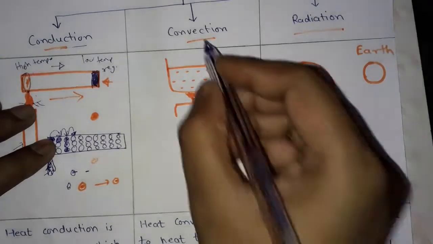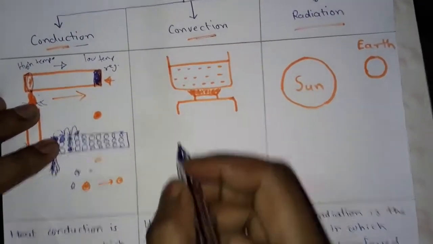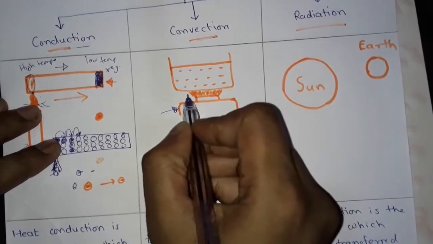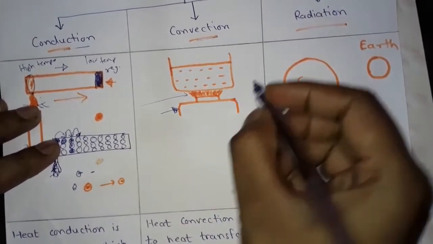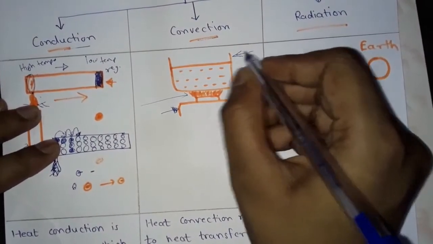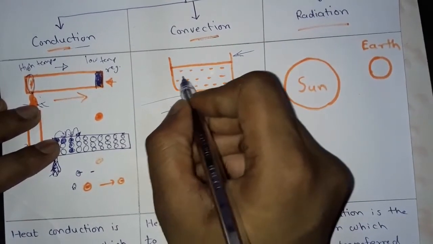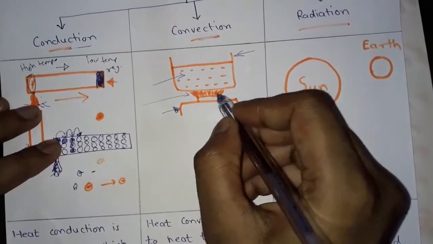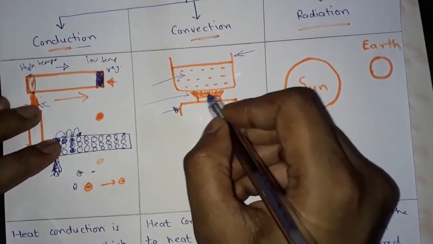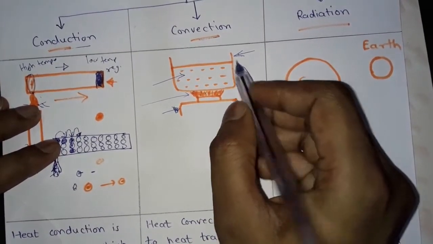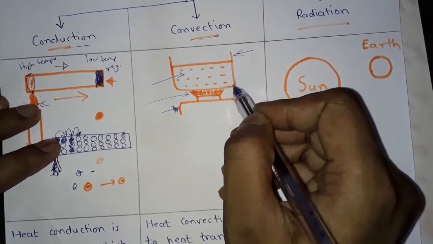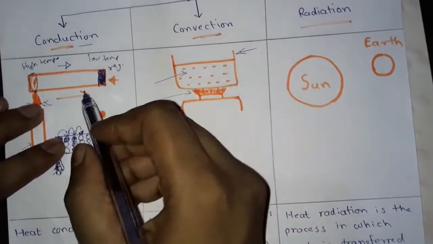Now let's see convection. Suppose this is our gas stove and here are the flames, and this is our container. Inside the container there is water, as we have seen here. This flame transfers heat to this surface of the container through conduction, as we have seen.